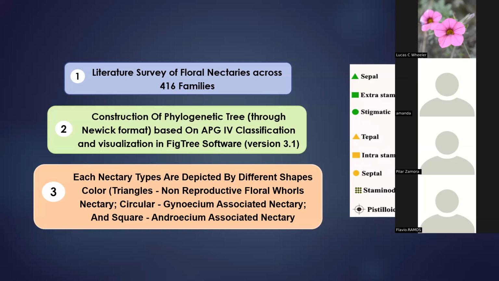The triangles that I have used are for outer walls of the flower. And this circular one is for the gynoecium-associated nectary. So I've used these symbols to understand the phylogenetic distribution of floral nectaries across the angiosperms, to infer a few answers so that I could design my objectives further.